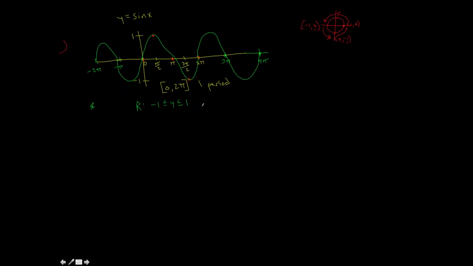This sine wave continues into infinity and negative infinity in both directions, oscillating. Every time we go from here to here, we call this an oscillation. So it's oscillating back and forth, all the way until we get to infinity or negative infinity. And we said the period was what again? The period is 2 pi.